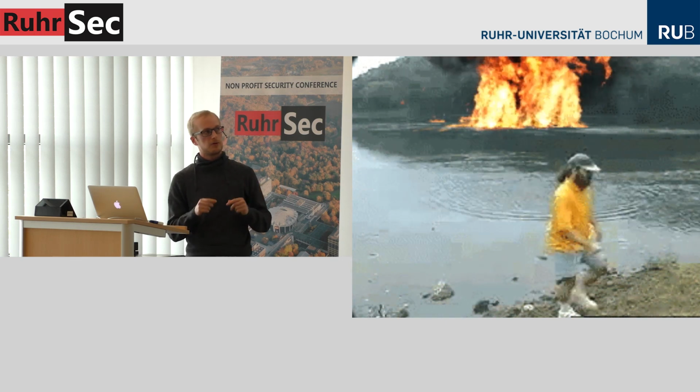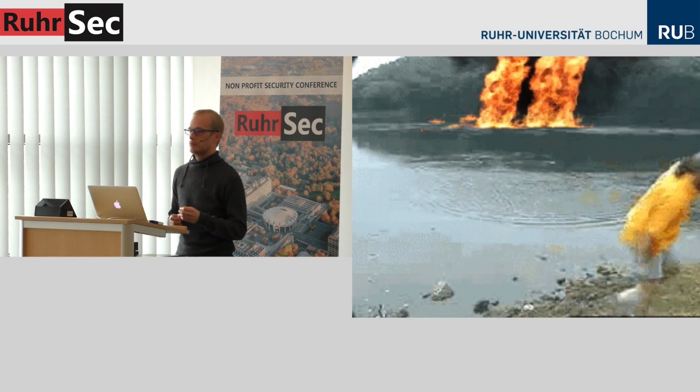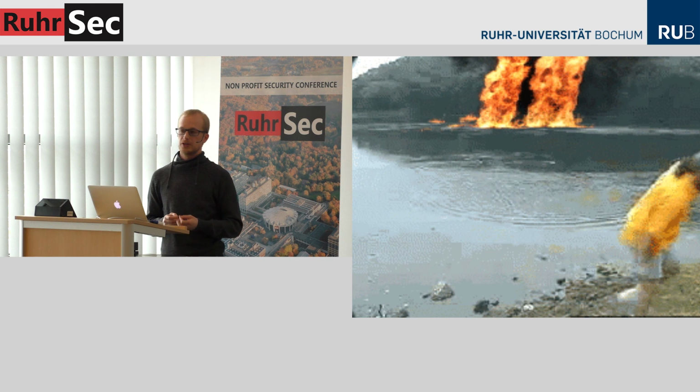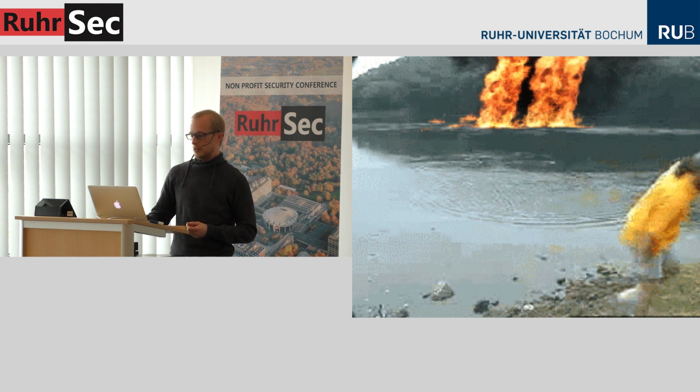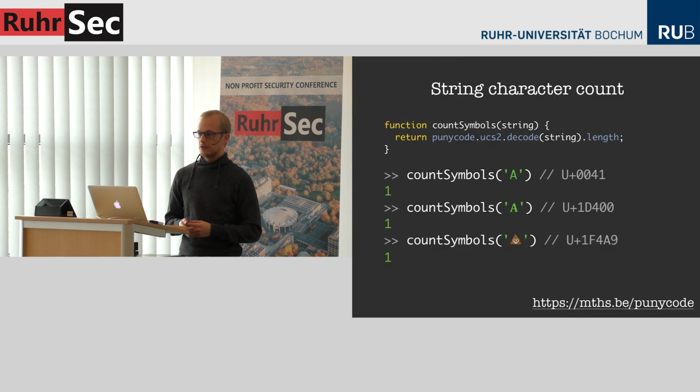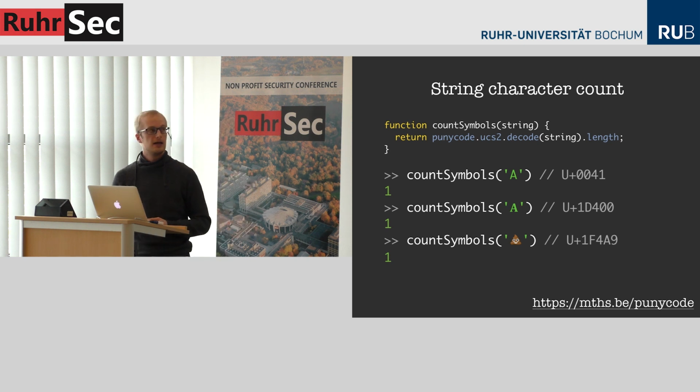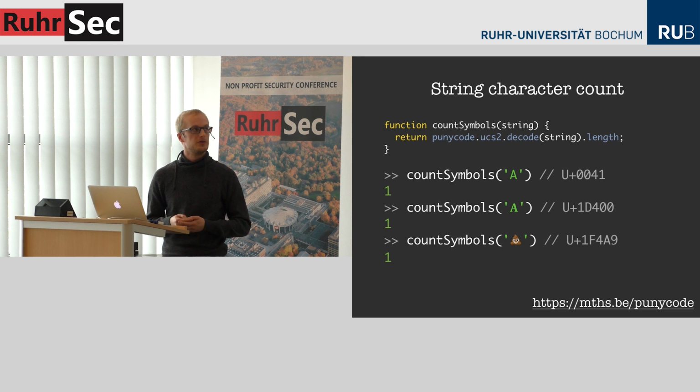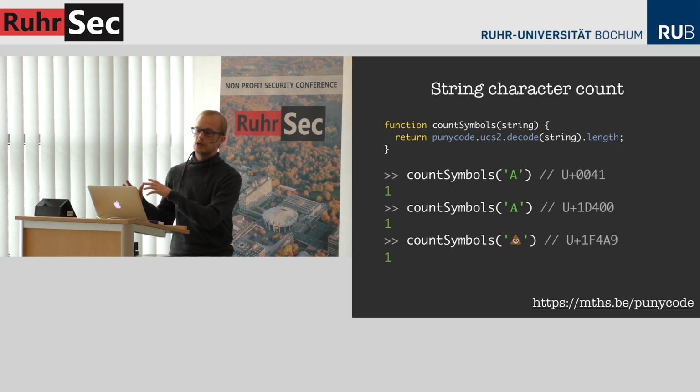So getting back to our question, how can it be done? How can we accurately count the number of symbols in a JavaScript string? Well, one solution would be to use a third-party library that implements those formulas that I showed you earlier. And in this case, we can use Unicode UCS2 decode, which translates between JavaScript strings and Unicode code points.